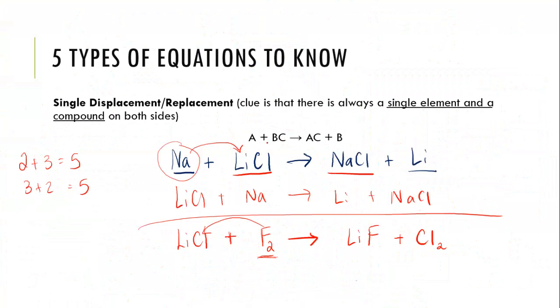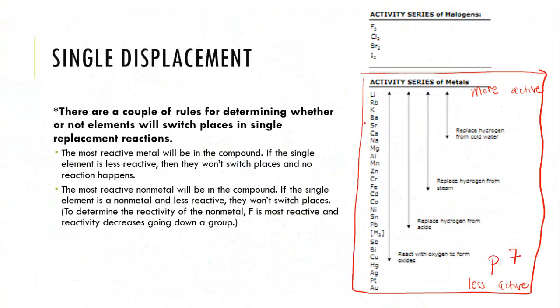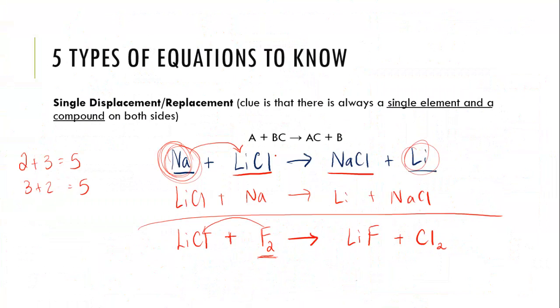Okay, so if you go back to this one and you look by itself, and it wanted to switch places with lithium. So sodium is right here. Lithium is up here at the top. Lithium is actually more reactive than sodium. So what does that mean? That means that lithium wanted to stay with the chlorine. This actually would not happen.